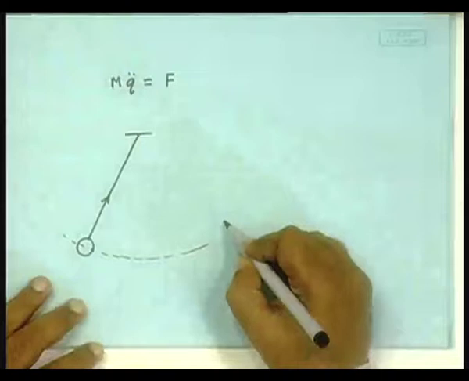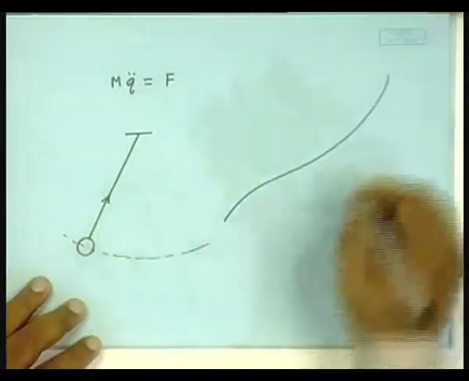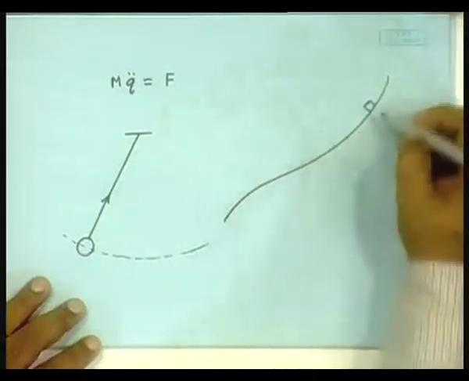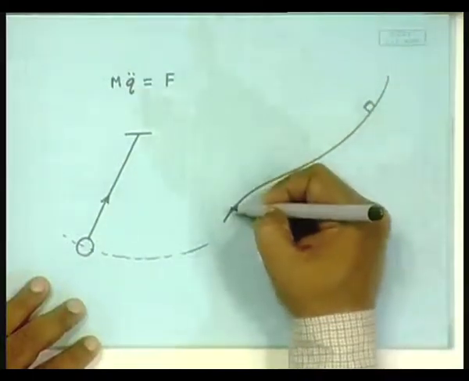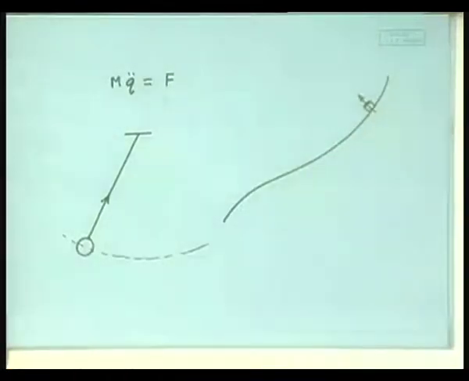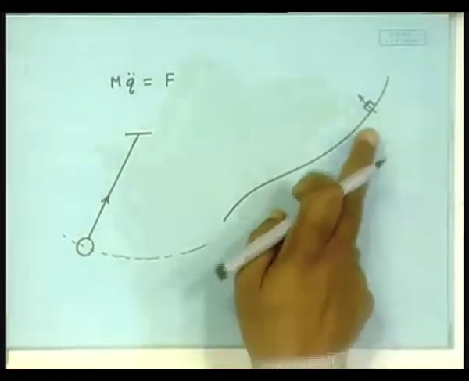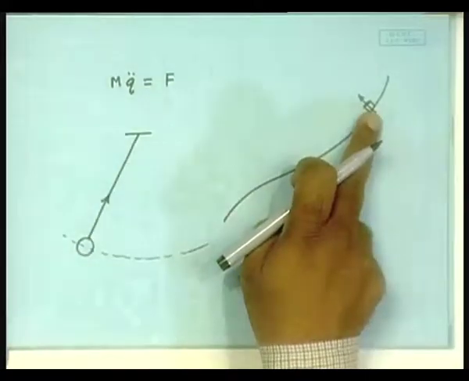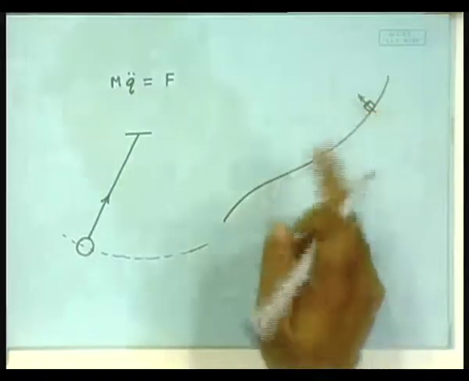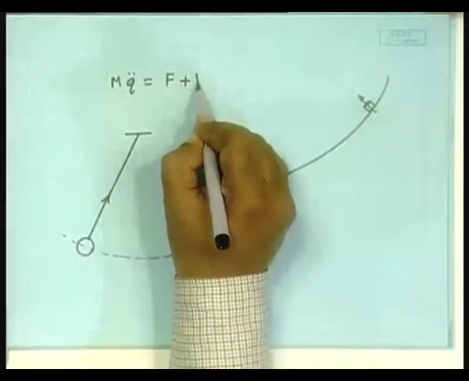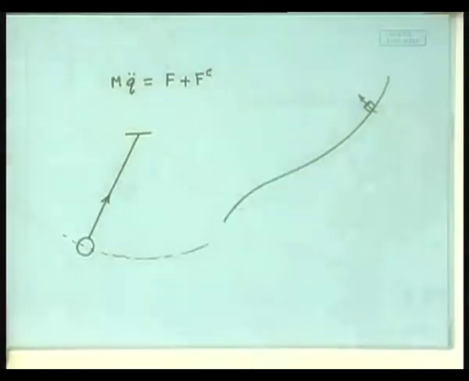If you have a surface like this and you release some kind of body here and it slides down, why does it follow this particular path? Because it is acted on by a force, that is the constraint force. So, when you write the Newtonian equation, these constraint forces have to be included, clear. That is why the Newtonian equation will have to be written as plus F c, these are the constraint forces.